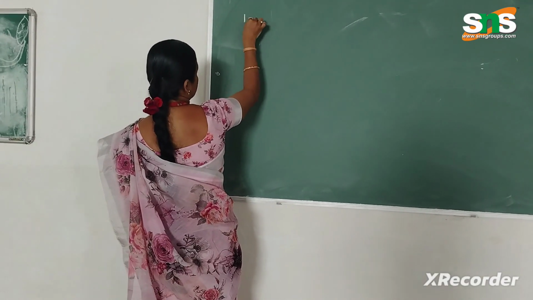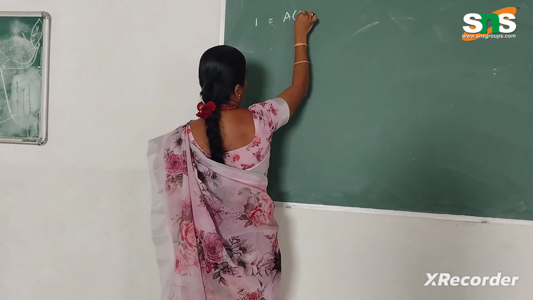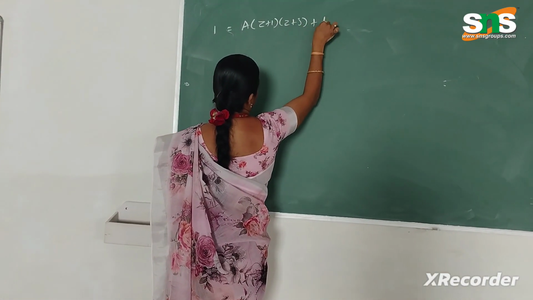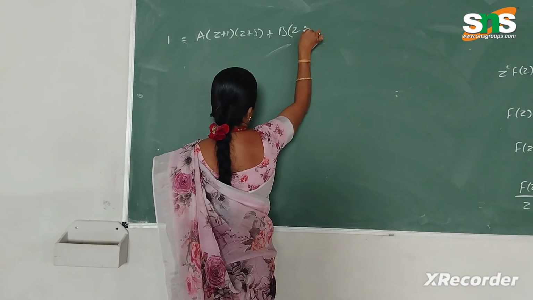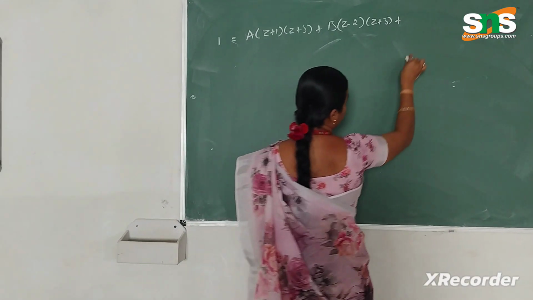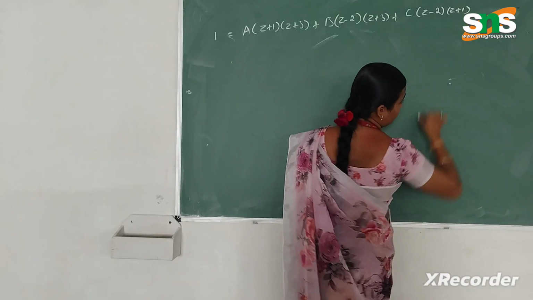So your left hand side is 1. So A into z plus 1 into z plus 3 plus B into z minus 2 into z plus 3 plus C into z minus 2 into z plus 1.